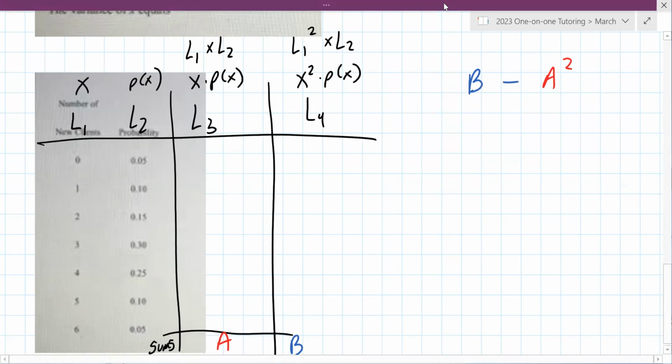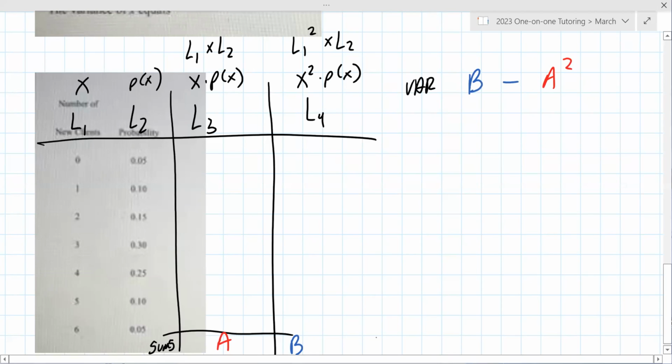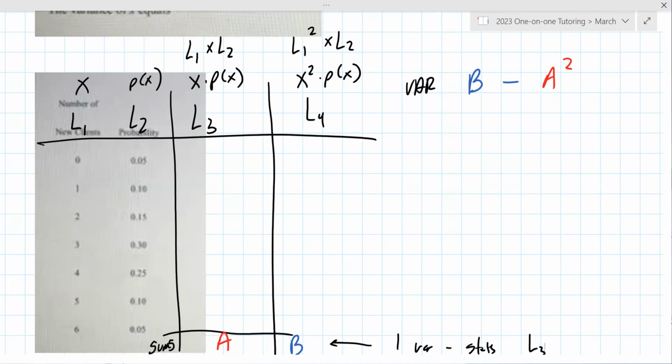That's your variance. And you get the sums from one variable stats, and then list 3, and you'll have to do it again for list 4. Okay. 22 looks like it's next.